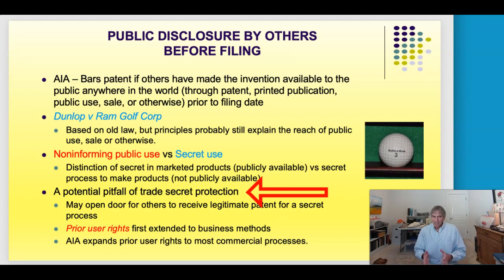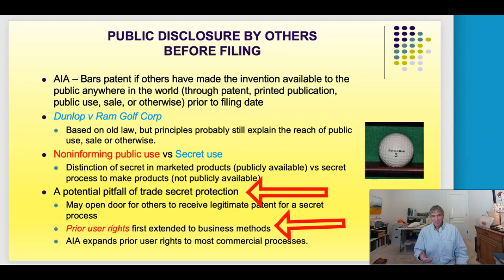To remedy the situation, the patent law provides for what are called prior user rights. And the America Invents Act expanded their application. So before the AIA, prior user rights were available only for business methods, but now they apply to most commercial processes.